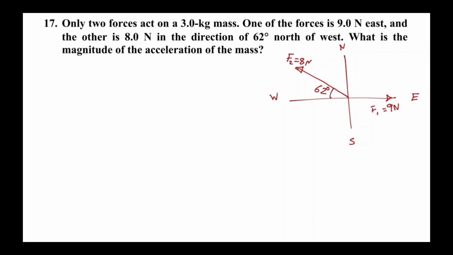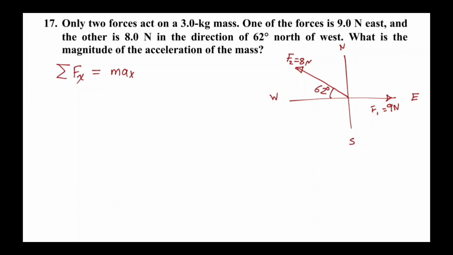Now, what is the magnitude of the acceleration? We need to calculate the magnitude for the acceleration. In this case, the sum of all forces on x equals max. Now on x we have 9, directed this way here, and the other one is 8 cosine 62 going to the left.